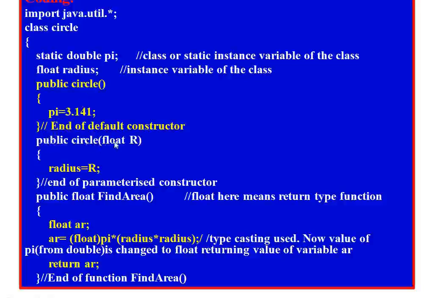Next, public circle with float r, radius equal to r. Then end of the parameterized constructor. Then public float find area. Float here means the return type of the function: float ar equal to pi r square, type casting is done here, and return ar.